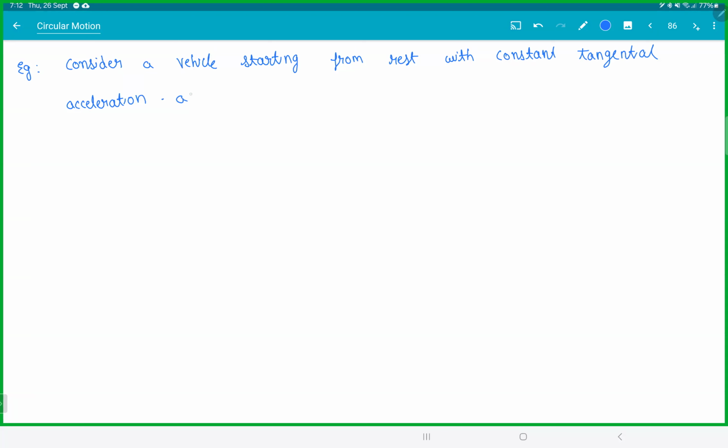A is the constant tangential acceleration. So I want to find the speed, find a centripetal, find a net, find the frictional force.